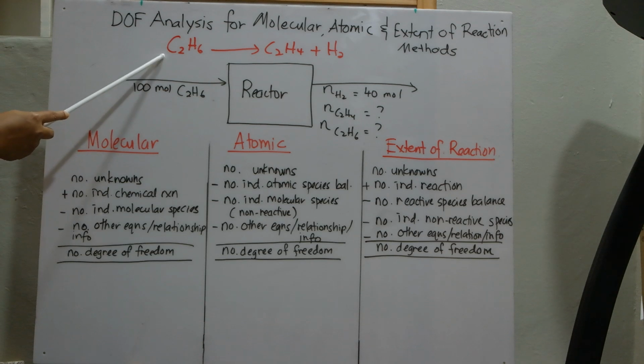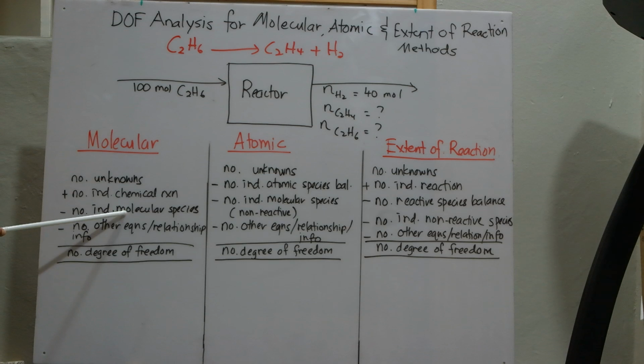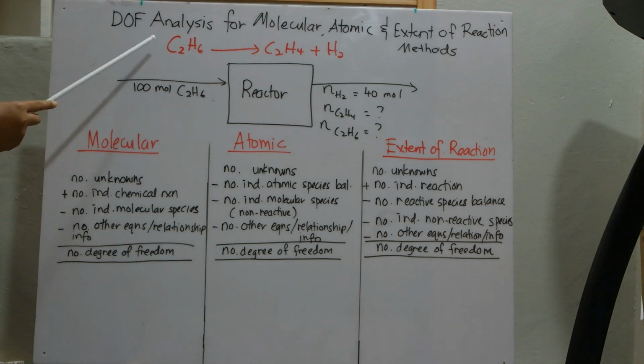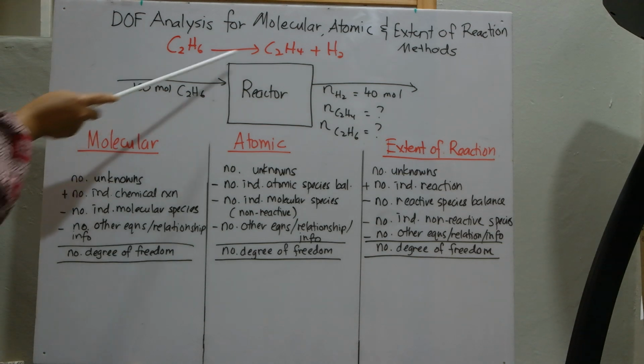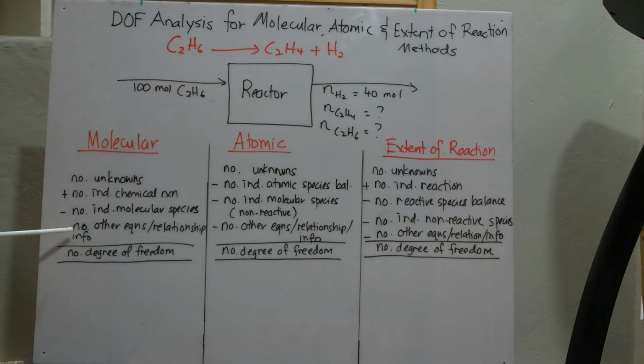Then minus number of independent molecular species, and since we are using molecular, your molecular species would be ethane, ethylene, and hydrogen, and minus number of other equations, relationships or information. So with plus, plus, minus, minus, that gives your number of degrees of freedom. So let's do this for molecular species.